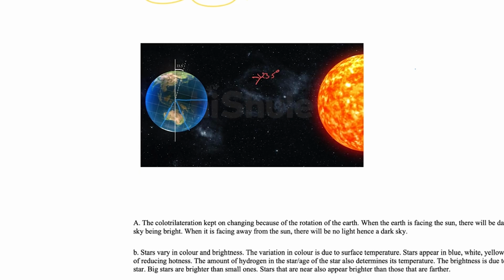Now it is the Earth's tilt that determines how much light is going to fall over a given hemisphere from the sun. Now we have the northern hemisphere and the southern hemisphere. If the northern hemisphere is tilted towards the sun, we are going to expect it to experience summer.